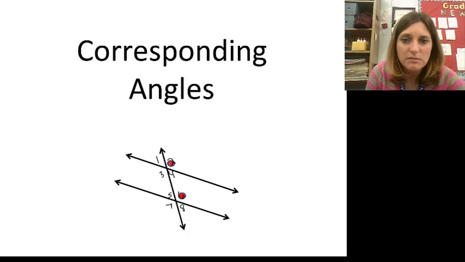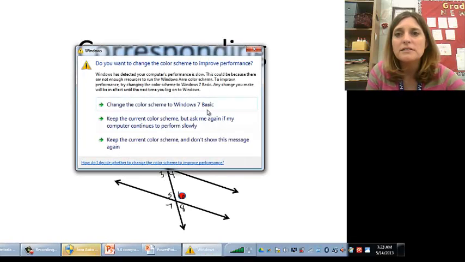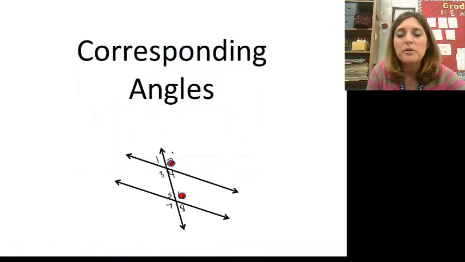Do you see how it's on the same side of the transversal? Okay? And it's basically the same spot. So here's the top, 1, 2, 3, 4. If I pick up that and put it right on top of this one, so if I cut it and put it on top, then it's going to be in the exact same spot.